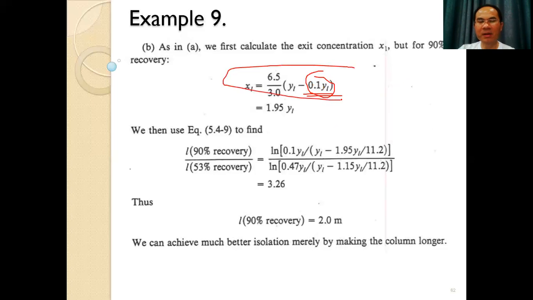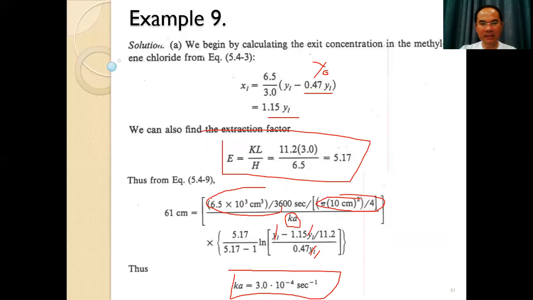You know this, and then you compare L at 90% recovery with L at 53% recovery. You compare like this equation because this is S over A and E is the same. We only consider this term.